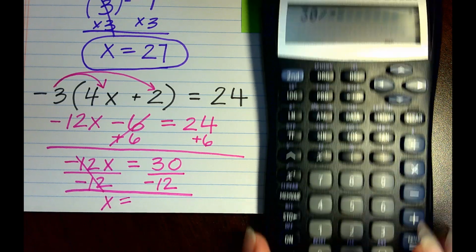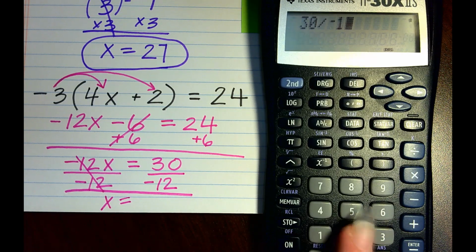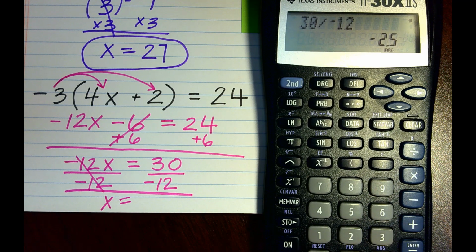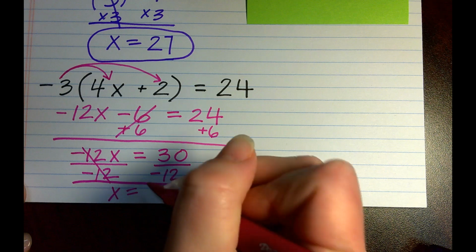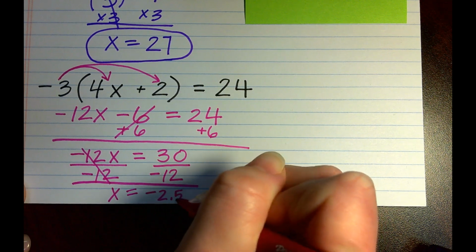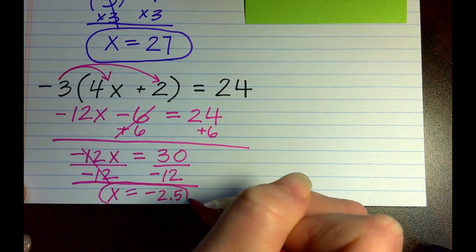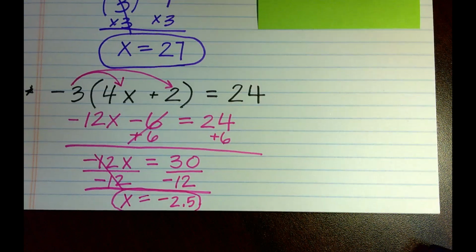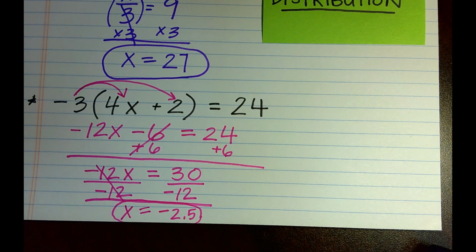So I hit negative 12. And we will get, enter, negative 2.5. Perfect. So x equals negative 2.5. Beautiful. Awesome.